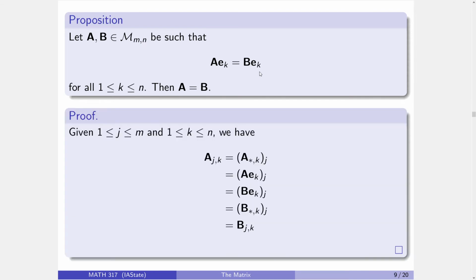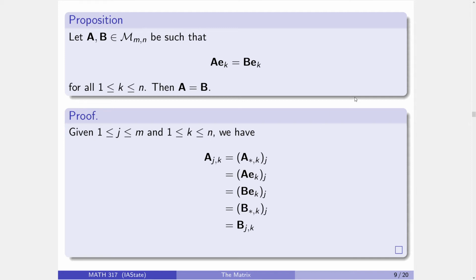And from the previous proof, hopefully it isn't shocking, because these are the columns. I'm telling you the columns of the matrices are the same. They're the same matrix. But here are the gory details of that proof, if you're so interested.